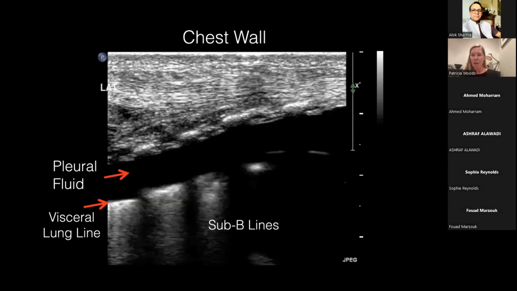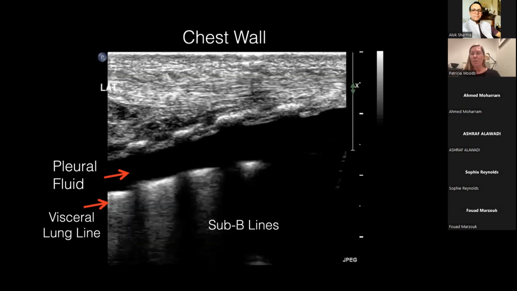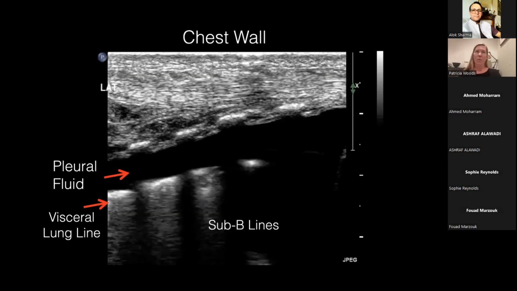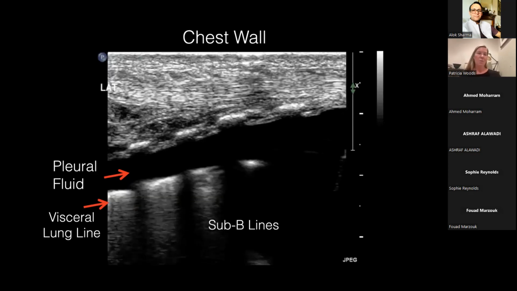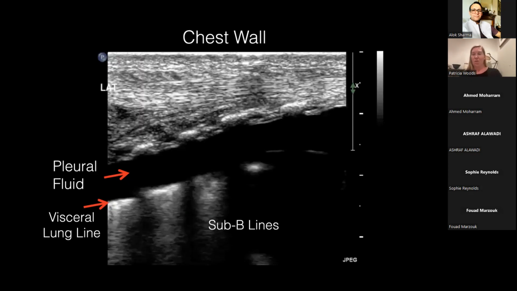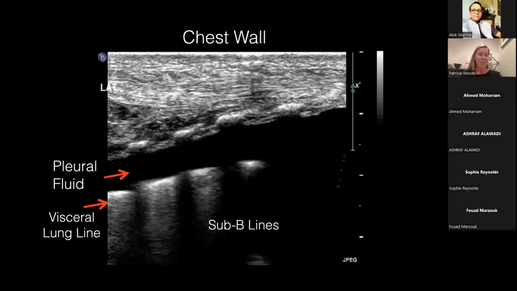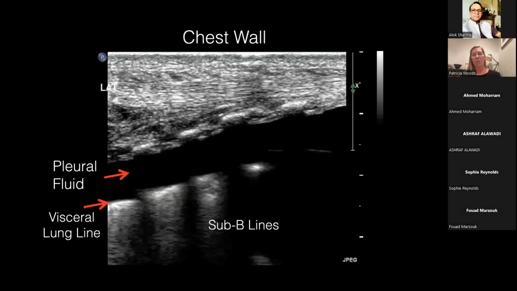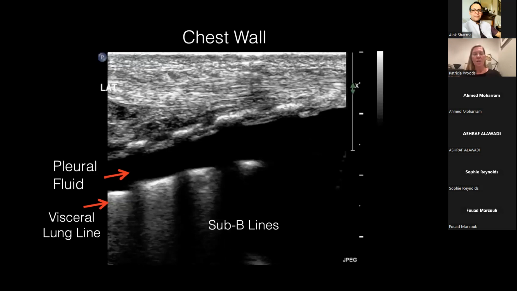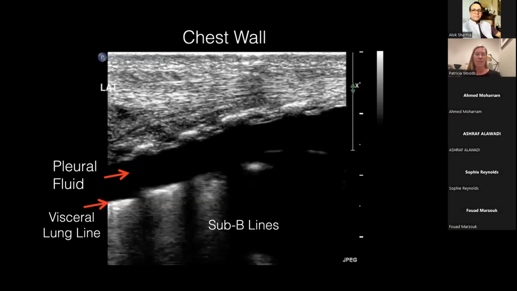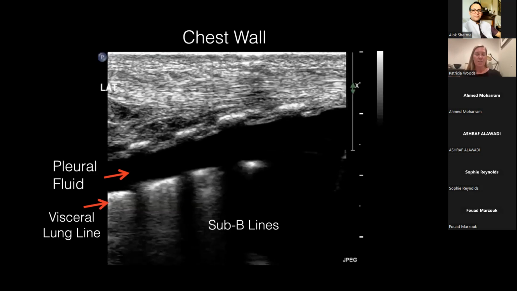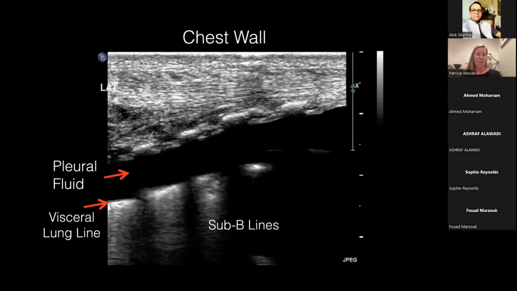So a little bit of a change to terminology. We no longer call it the pleural line because it's not made up of the two in contact. So you might have your parietal fluid or just chest wall, if you're like me, and what I would call the lung line. You're going to get some fluid and air artifacts generated within that existing lung, dependent on degree of aeration and interstitial fluid.